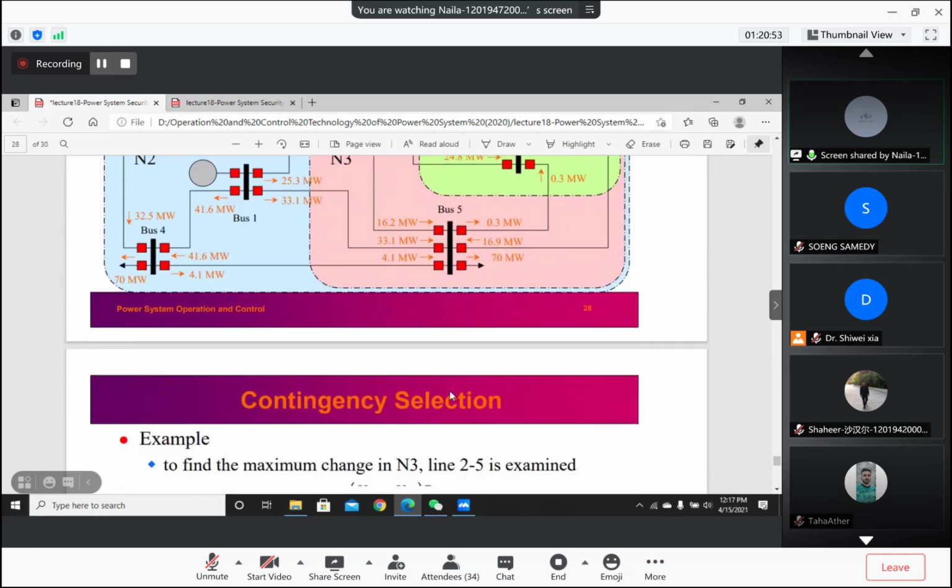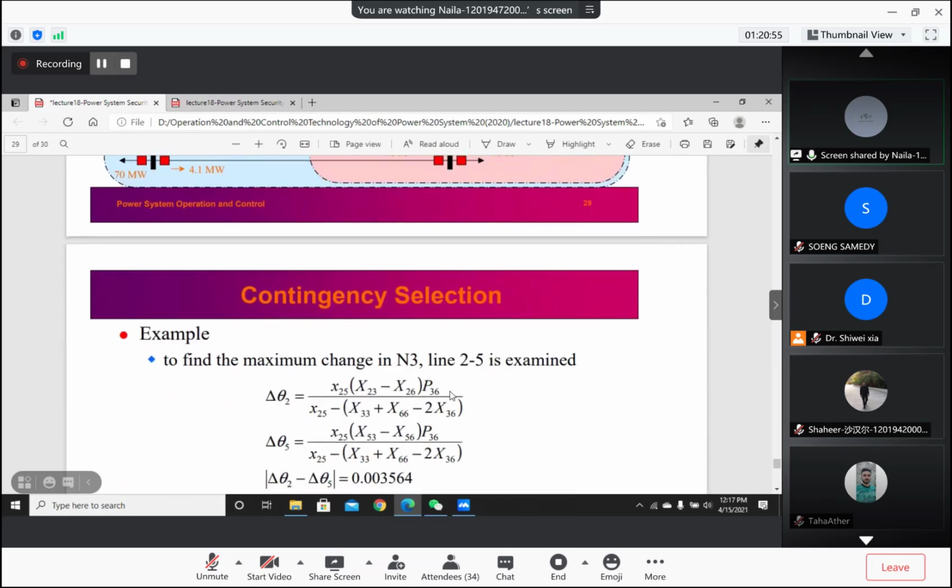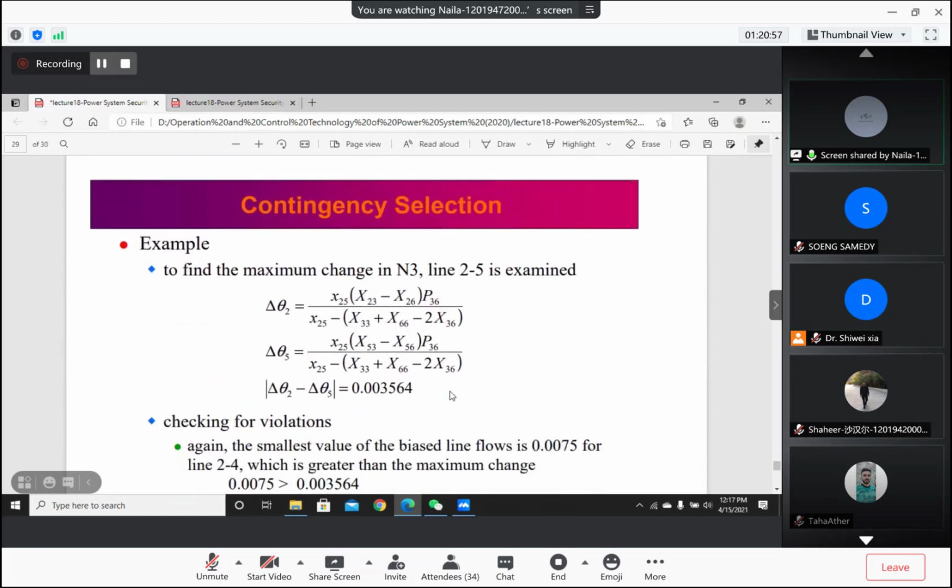So further we'll move to step B, and in step B we have to find the maximum change in N3, and line 2 to 5 will be examined. Here we'll calculate the change in theta 2 and theta 5 and their difference. By using the same values, we'll calculate their difference, which is 0.003564.